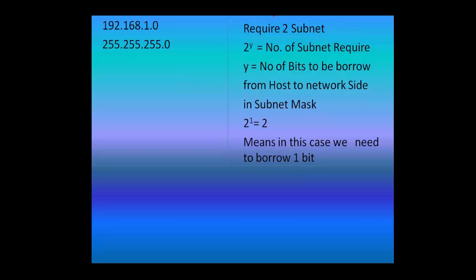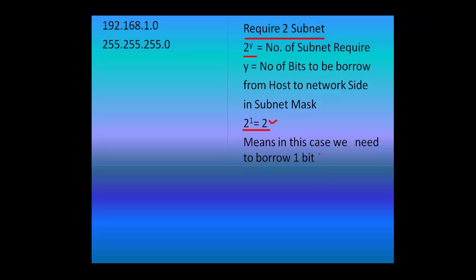In this case we require two subnets. Please watch carefully. To fulfill this requirement, the formula is 2 raised to power y. If we put the value of 1 here, then it becomes 2.